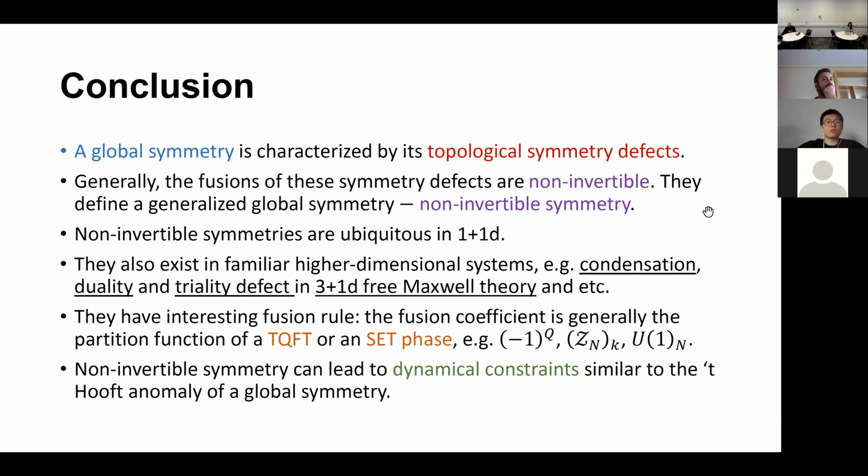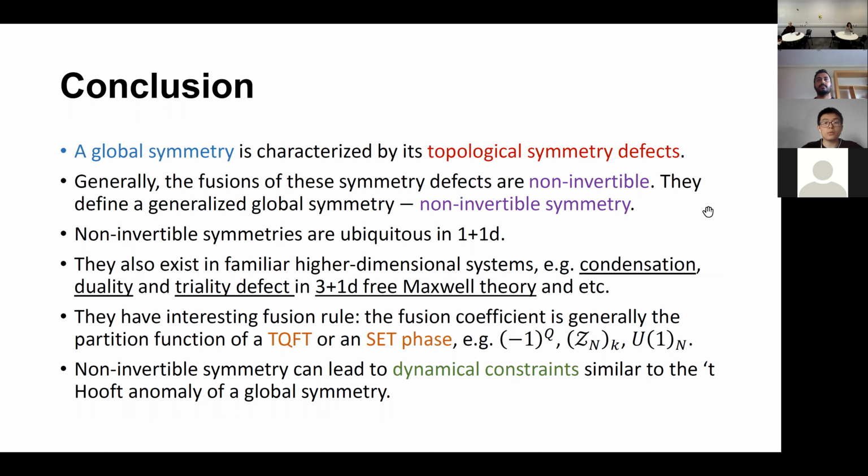A global symmetry can be characterized by topological symmetry defects. Generally, the fusions of these symmetry defects can be non-invertible. Non-invertible symmetry defects define for us a generalized global symmetry, which we call non-invertible symmetry. Non-invertible symmetries are ubiquitous in 1+1d, and they are also very useful in studying renormalization group flow.